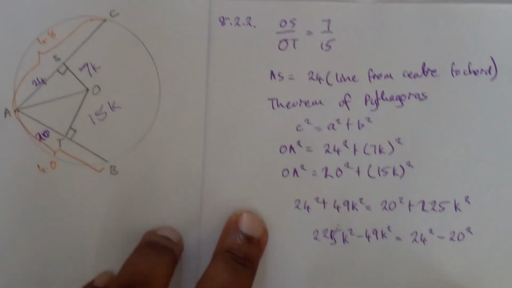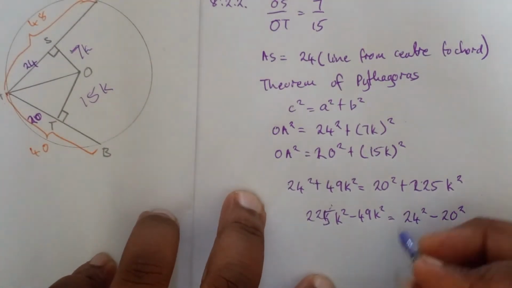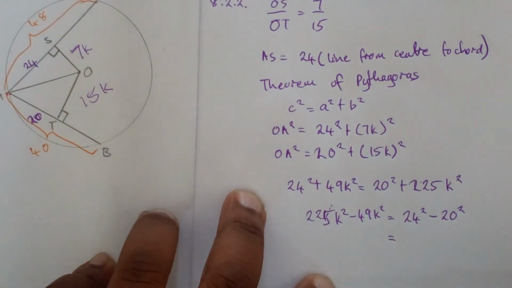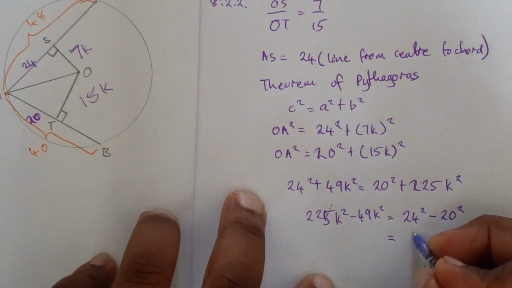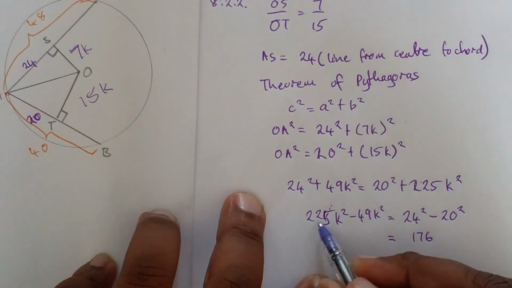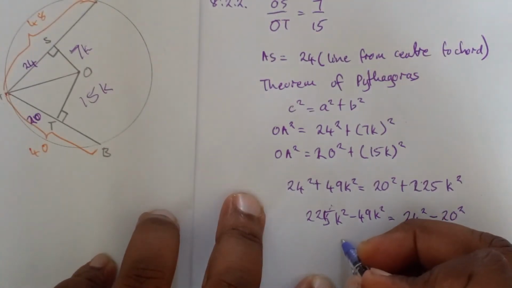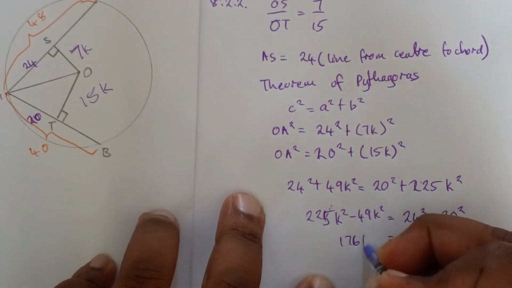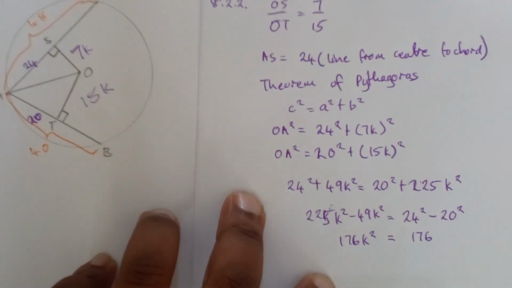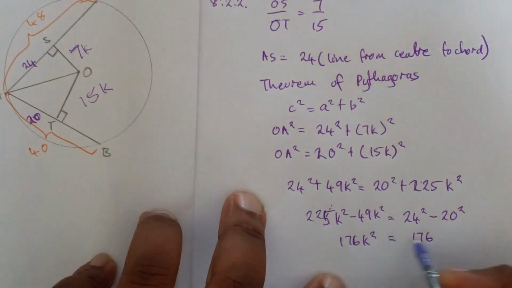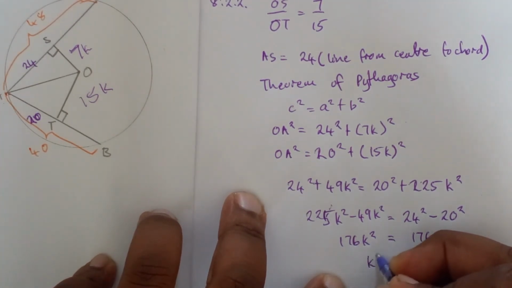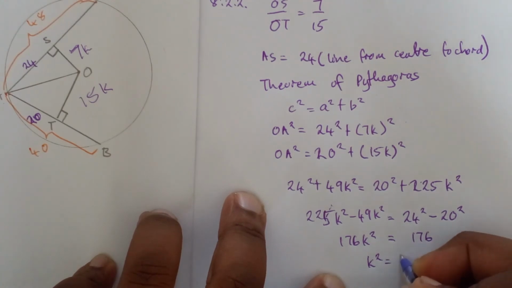If we do this on the calculator, we get 176, so 176k squared. Dividing both sides by 176, k squared is equal to 1.